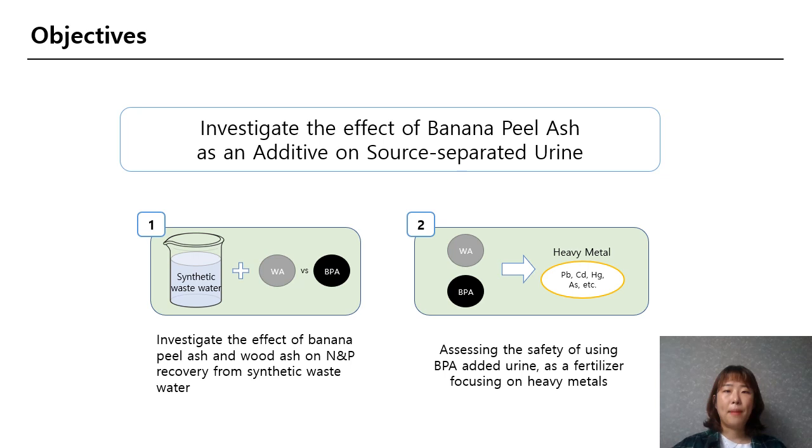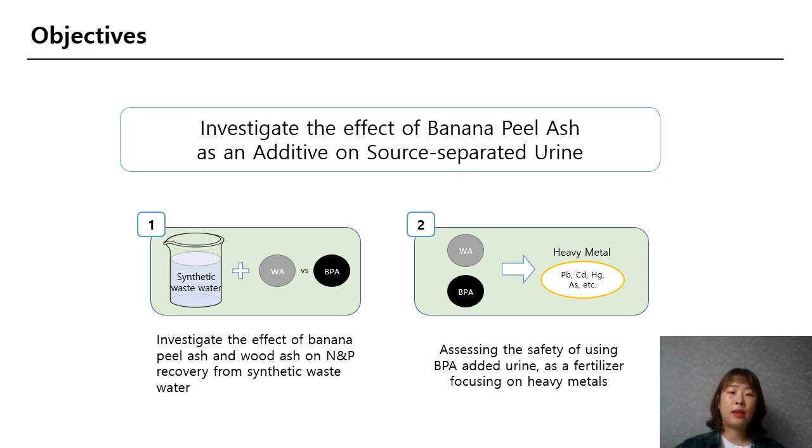This study mainly focused on investigating the effect of banana peel ash as an additive on source-separated urine. Firstly, we investigated the effect of banana peel ash and wood ash on nitrogen and phosphorus recovery from synthetic wastewater.